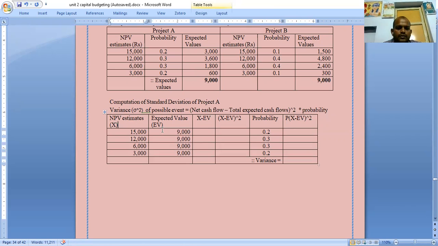NPV estimates minus expected values, that is 6,000, 6,000 and 3,000 and minus 3,000, minus 6,000.